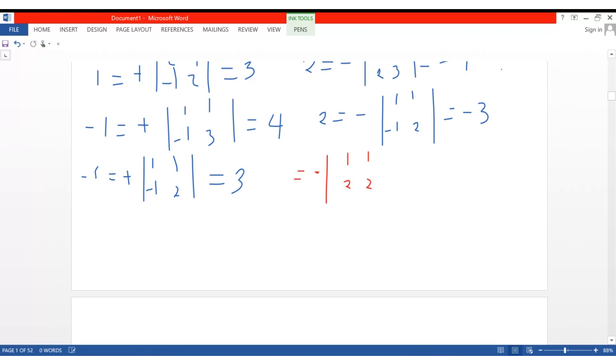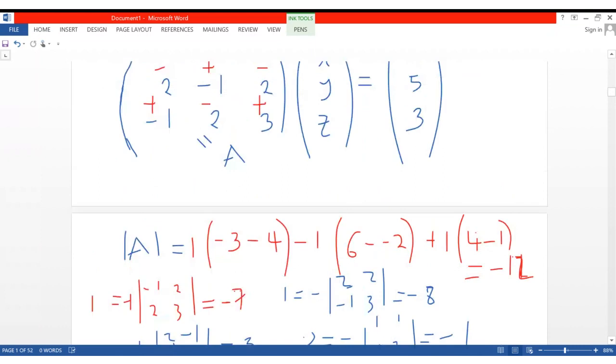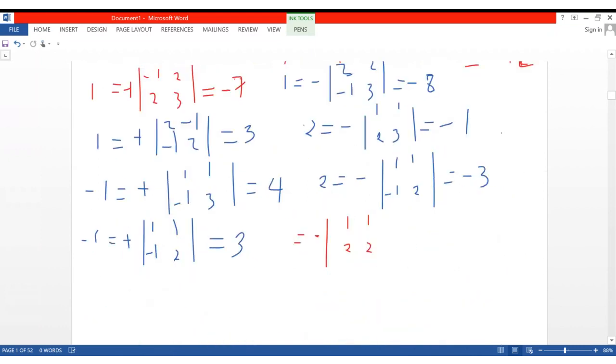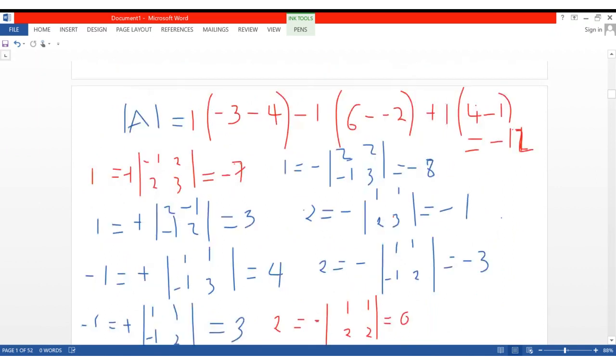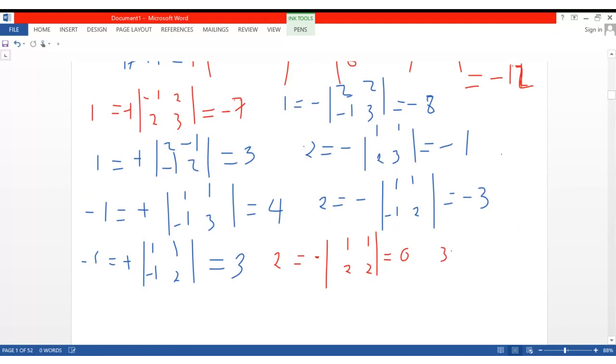This one is for which element? Let me check. That is for element 2. When you do 1 times 1 and then you subtract, you'll just get a 0. Then I'm on the last one now, element 3. The sign is positive.